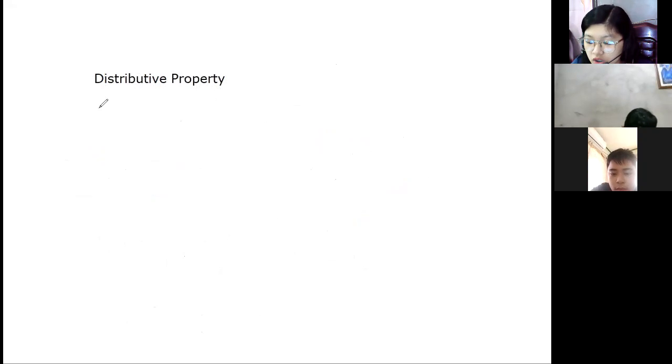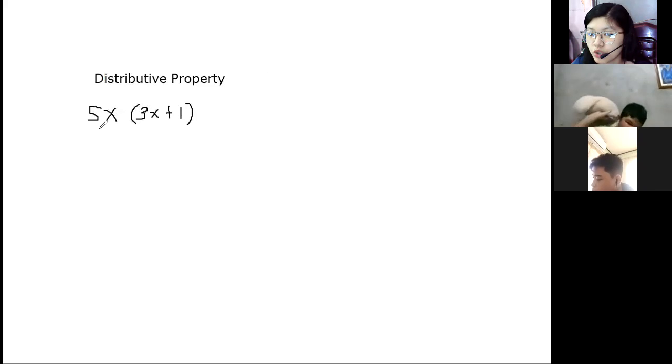Halimbawa, meron tayong example dito, we have 5x. So, ang 5x, that is monomial. And i-multiply natin siya sa 3x plus 1, which is 3x plus 1 is a binomial. So, ang gagawin natin dyan, using distributive property, itong 5x, i-multiply siya sa dalawa. So, dito muna sa 3x, and next, dito na sa 1.